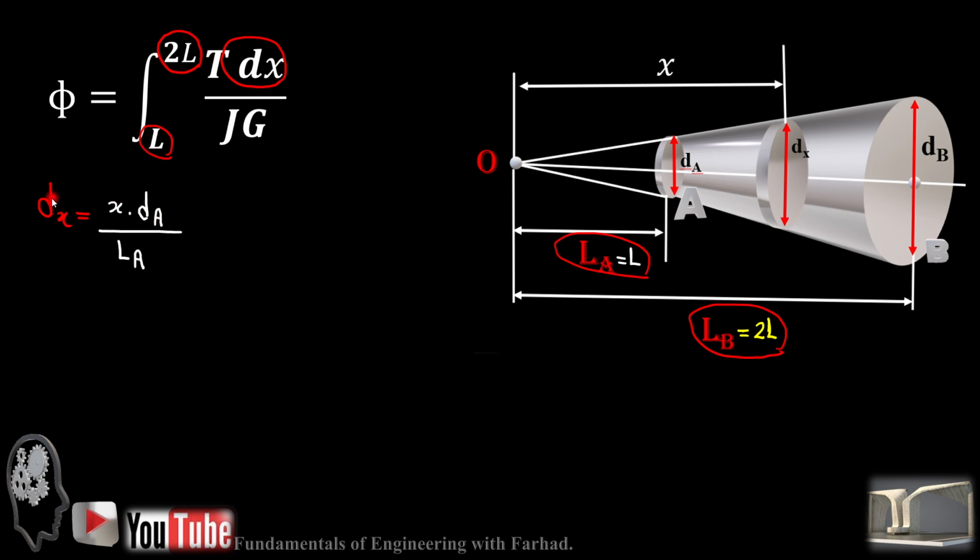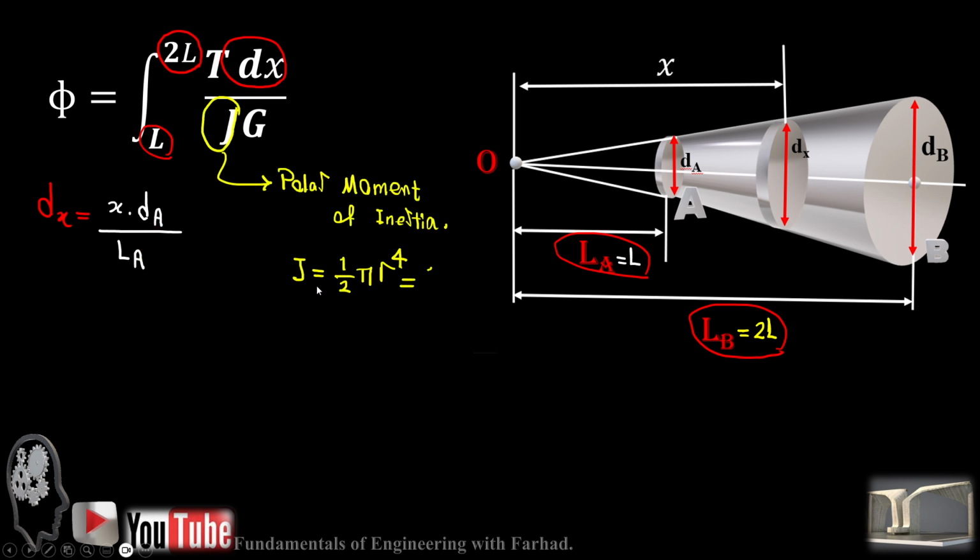We already calculated the differential form of our dx, which is x dA over LA, and J is the polar moment of inertia of a section, and for a solid circular shape it is a half of pi radius to the 4. And if you convert it to diameter, it just gives you 1 over 32 times pi times d to the 4th.